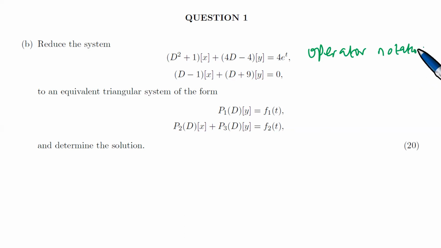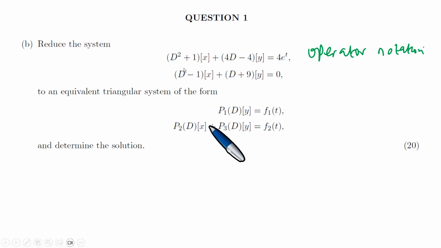Being written in operator notation means we need to do a couple of things. What do we need to do here to get the answer? We need to determine the solution. It's a very long problem, so I'm going to do it on the next page.